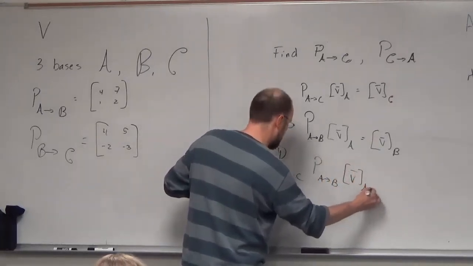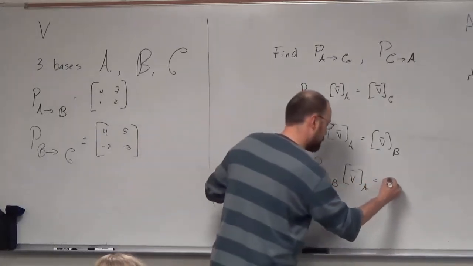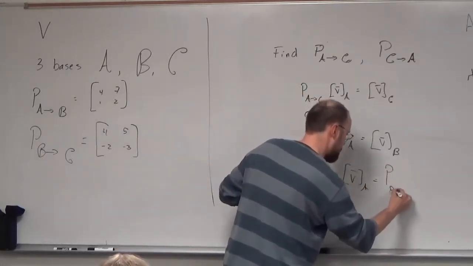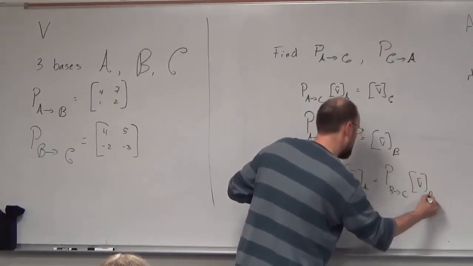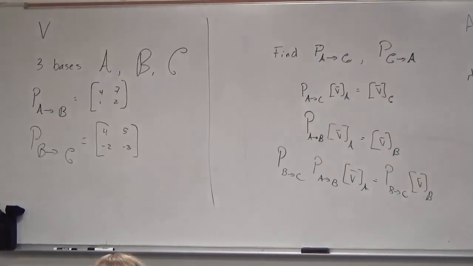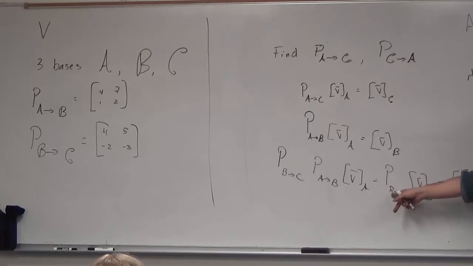I'm just multiplying both sides by the same transition matrix. What does this return? It returns a coordinate vector with respect to basis C. This takes a coordinate vector with respect to basis B and returns a coordinate vector with respect to basis C.